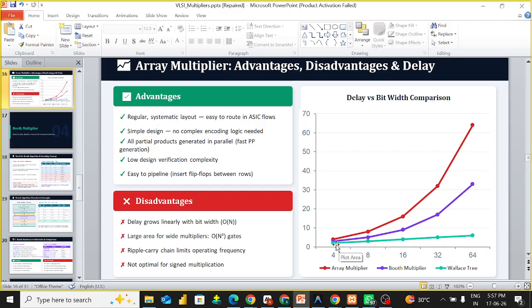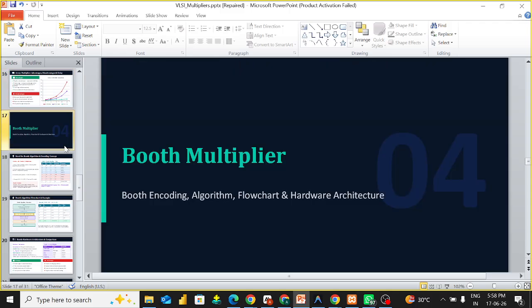Okay, so we can observe these three lines, right? Considering the other two multipliers, the Wallace tree multiplier delay has only some constant changes, right? The changes are minimal, okay? So next we are going to the Booth multiplier.